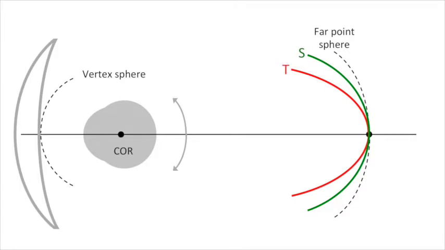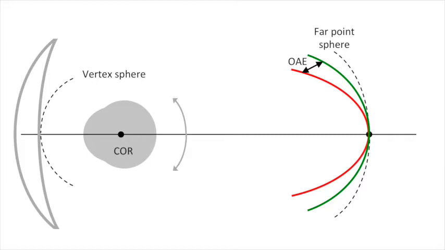Now, as I said before, these two sagittal and tangential powers are just like the two arms of a power cross. So the difference between them represents the astigmatism. In this case, we call that the oblique astigmatism, or the oblique astigmatic error, or the radial astigmatism. They all mean the same thing.